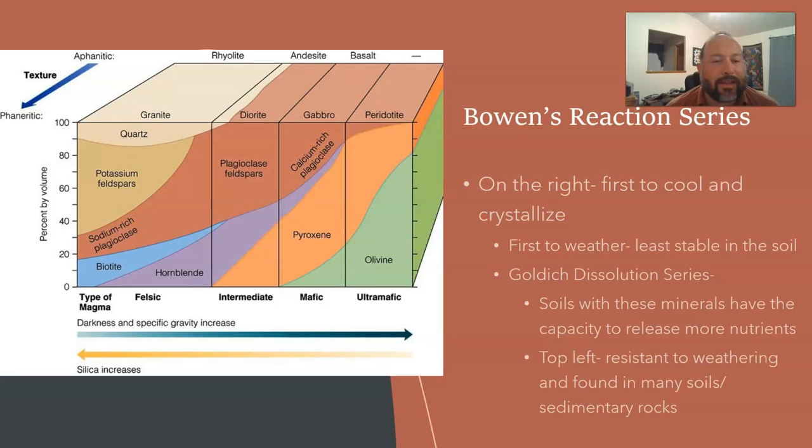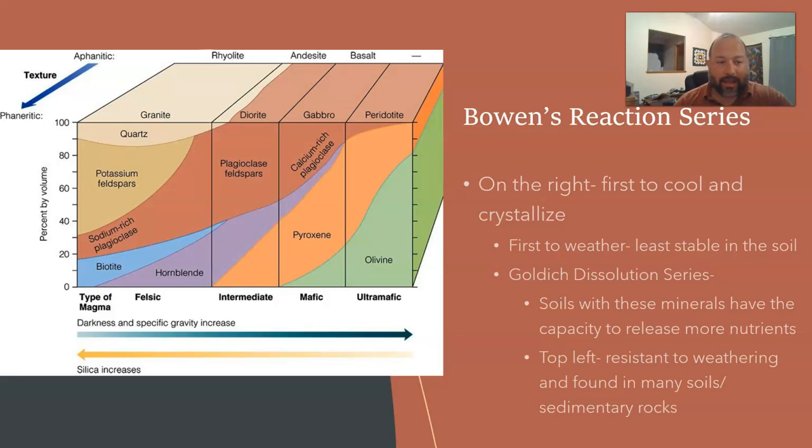So one of the things that we cover in terms of the igneous rock and trying to tie it back into the idea of minerals is the idea of Bowen's reaction series. Your book shows you just a chart of the names of these minerals, and just says, here, these ones are at the top.